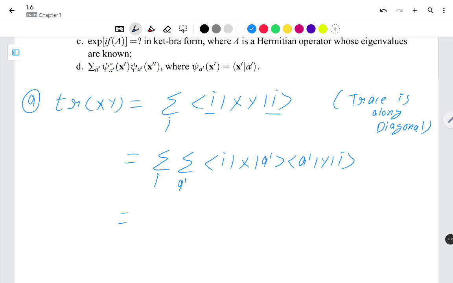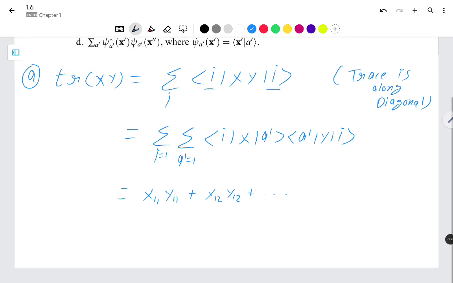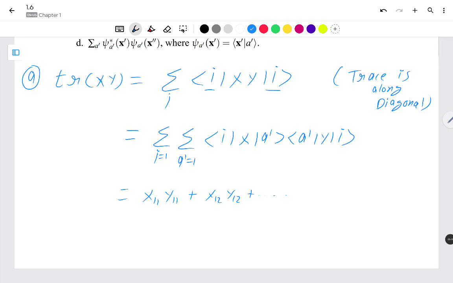If we were to open this sum, let's say this is from 1 to some 10 or 20, or even infinity, what it would look like is just x11 y11 plus x12 y12 and so on. So these are just numbers, so I can swap them, right?